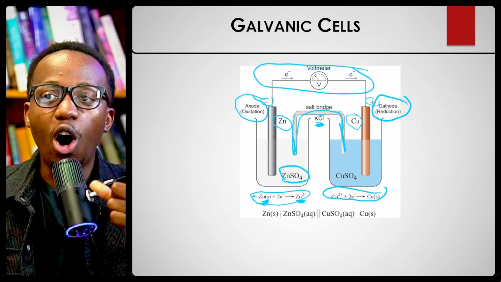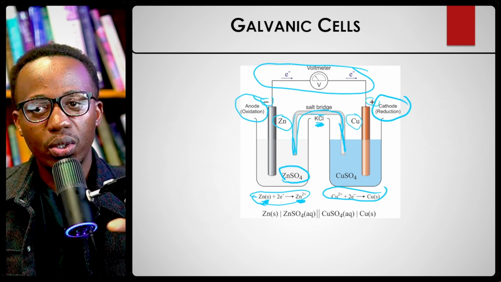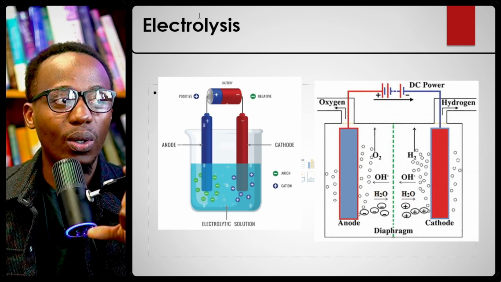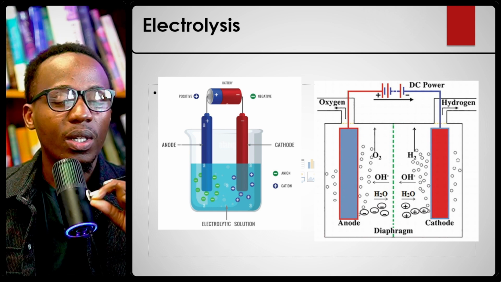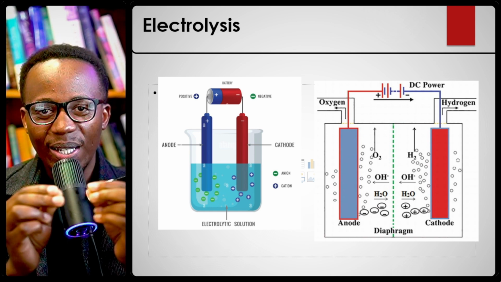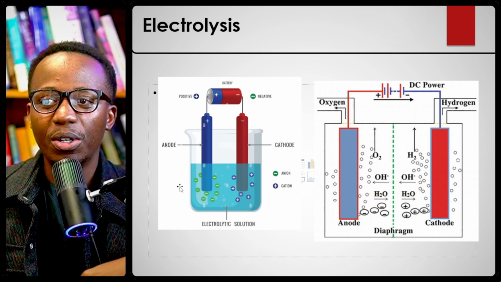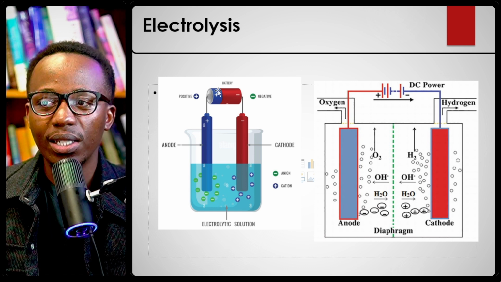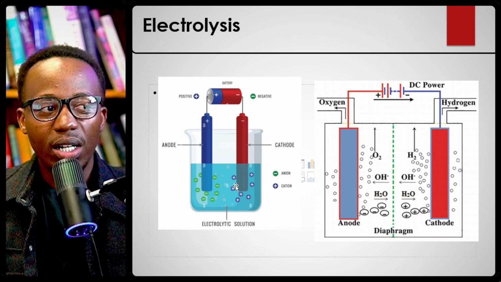Another fun thing, we're not going to be able to do this today, but you can have the opposite. Instead of having a galvanic or electrochemical cell, you can have something we call electrolysis, right? Which is instead of using a chemical reaction to produce electricity, you're using electricity to actually produce a chemical reaction. So you can use electricity, for example, to break down water into hydrogen and oxygen.